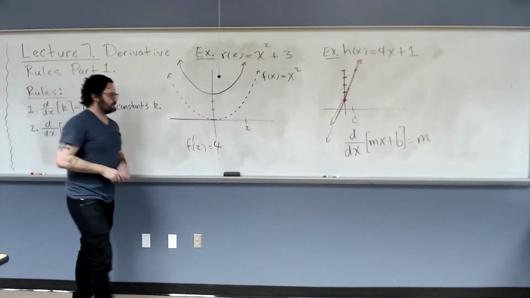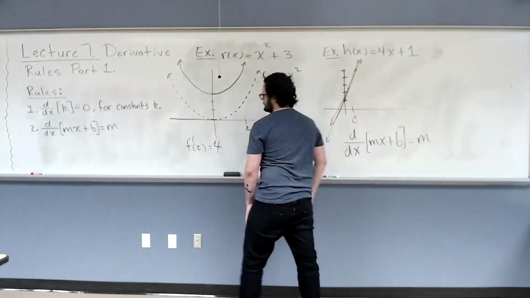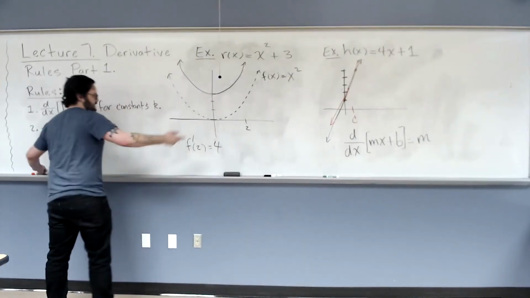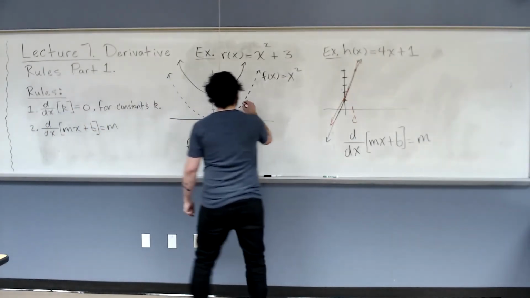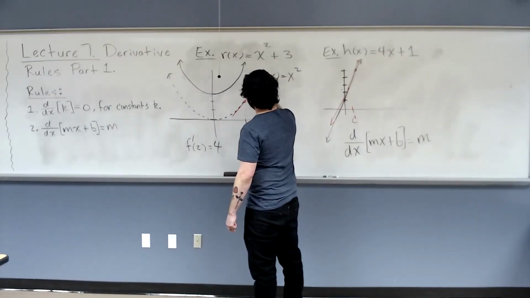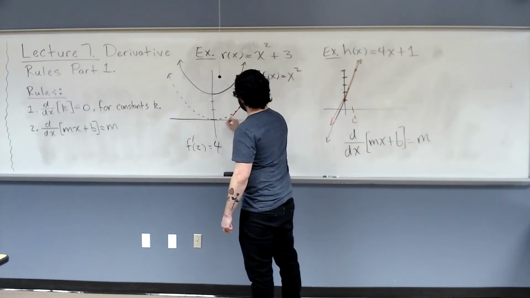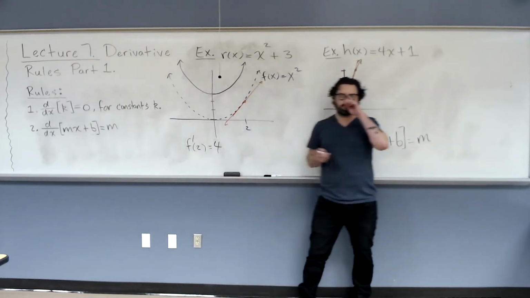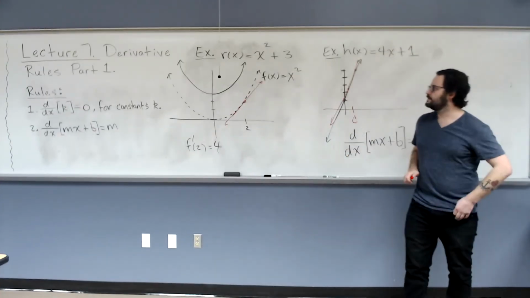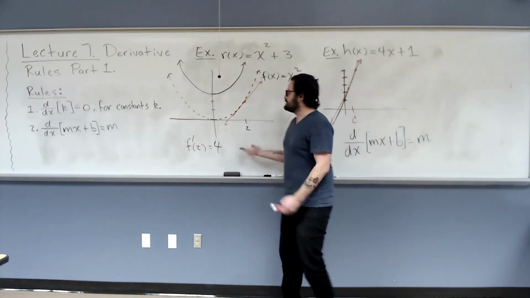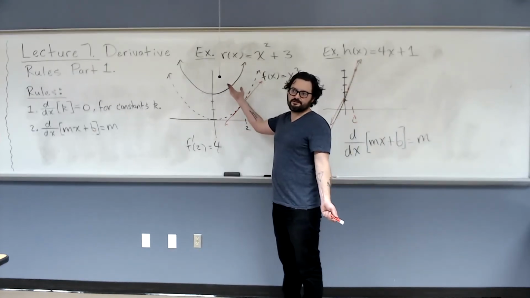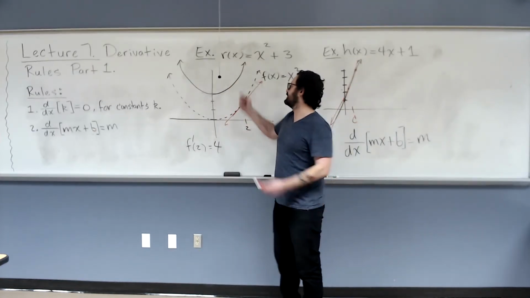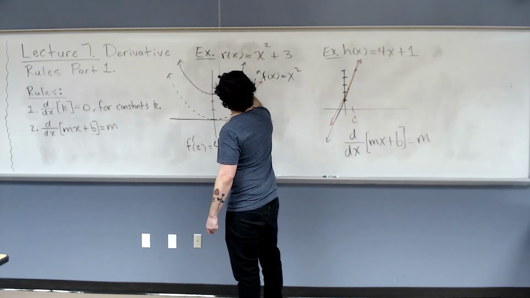Okay. But again, if we think about it, what that is telling us is the slope of the tangent line at that point to that function, right? Now, does raising the graph of that function change the slope of that line? Like, are these going to be any different?